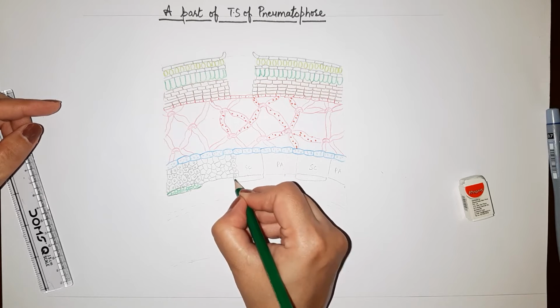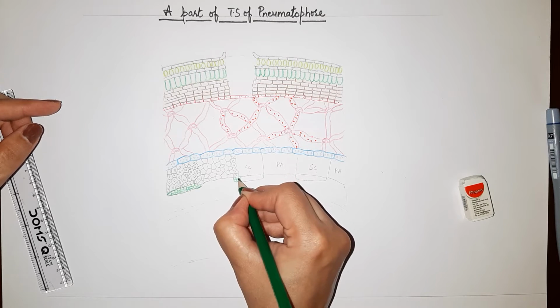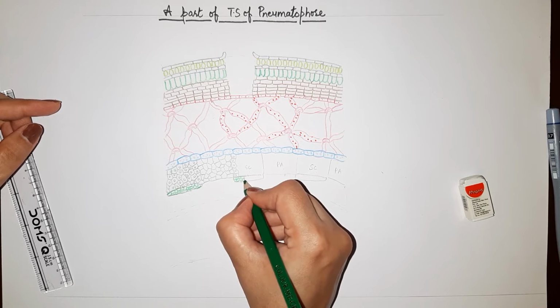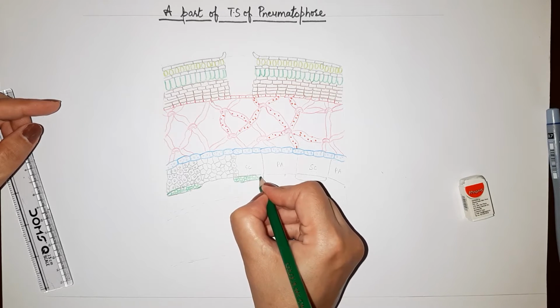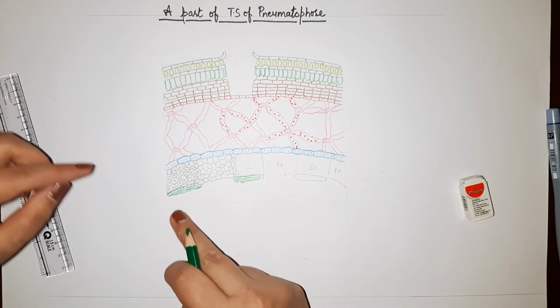So this way you will fill these areas in order to mark primary phloem. Polygonal cells.